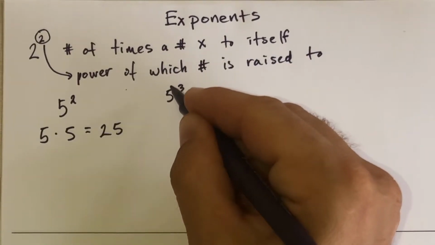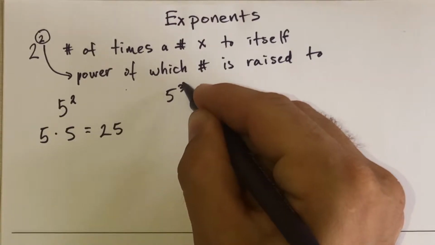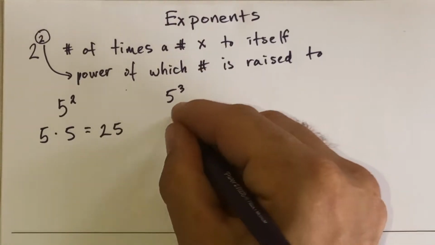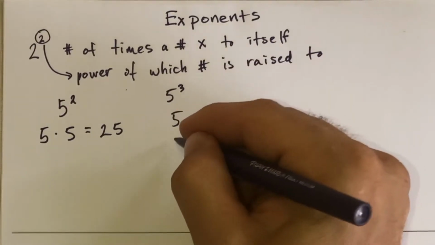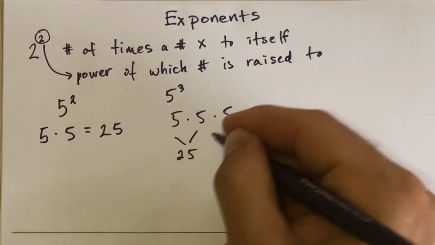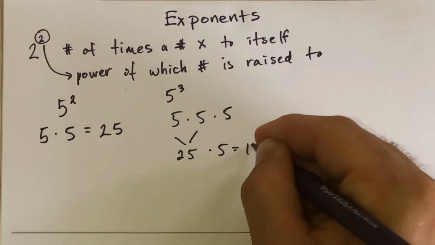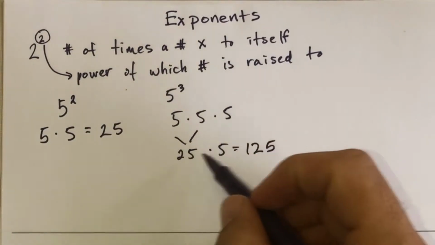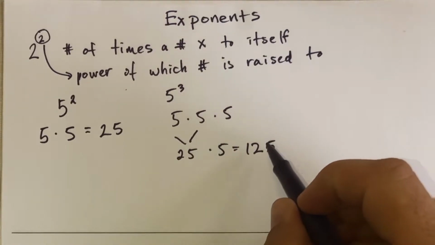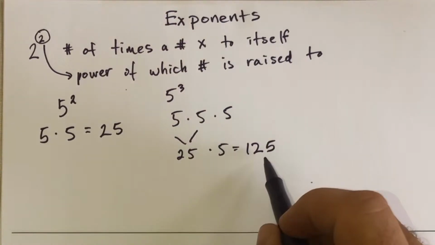So I'm going to multiply 5 by itself 3 times. You can look at this kind of like a factor tree, and then get your 125 here. This is your idea of exponents and how this is multiplying.